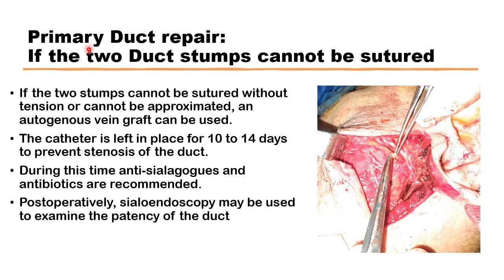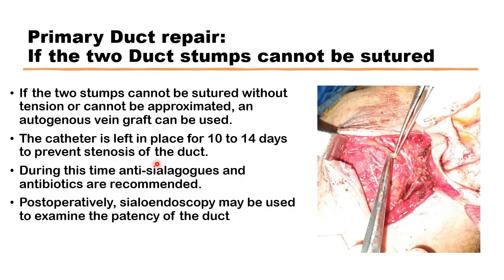But what to do in a primary repair if the 2 duct stumps cannot be sutured, because there is a bigger gap in between that cannot be sutured without tension? In this case, you may consider using an autogenous vein graft. This vein graft would, over the stent or the catheter inside the duct, bridge the gap.